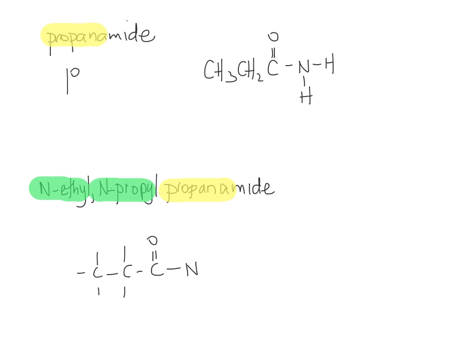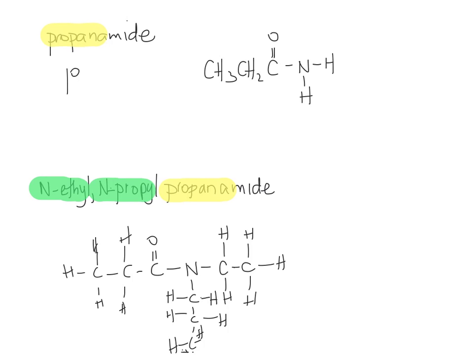One side group has 2 carbons attached, and the other carbon chain is 3 carbons in length. So you need to add your H's. And your amide is complete, and it's tertiary.